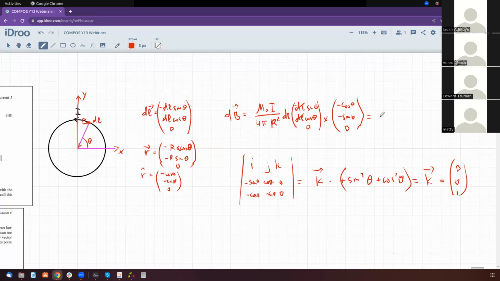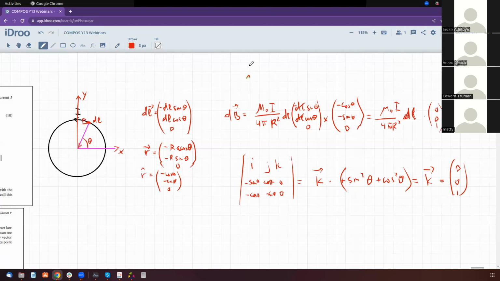So this is mu0 I divided by 4 pi r squared dl, and then dl multiplied by 0, 0, 1.